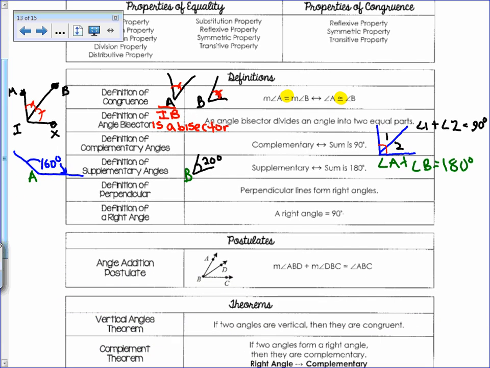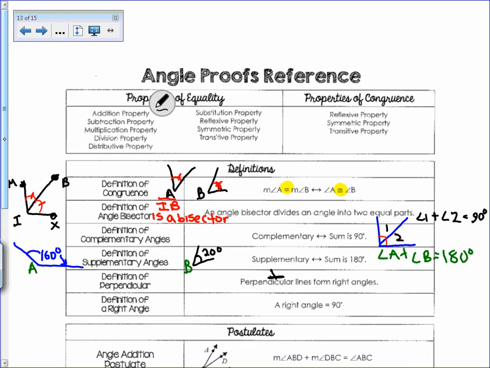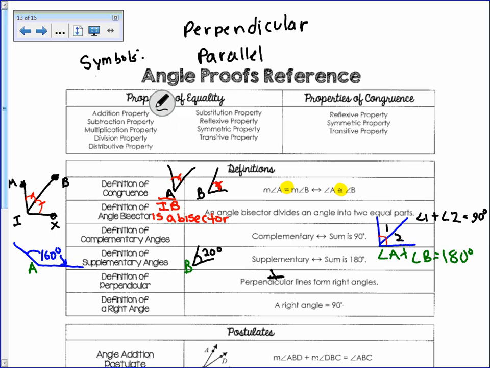Now, the symbol for perpendicular is this symbol. It's an upside down T. I want you to go back up to your word bank. Put symbols. Perpendicular and the word parallel. This is perpendicular, this is parallel.